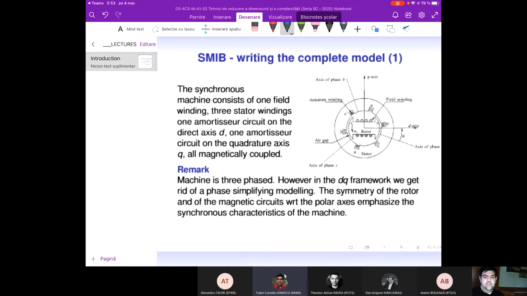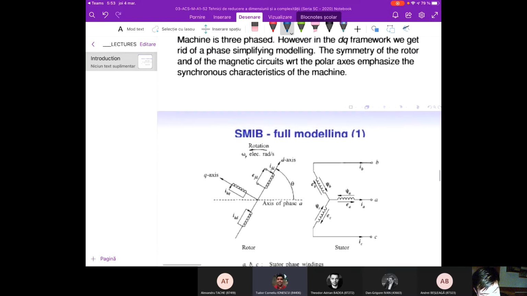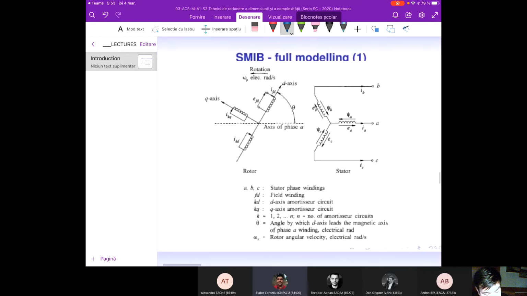Then the symmetry of the rotor and the magnetic circuits with respect to these DQ axes shows us the synchronous characteristics of this machine. We do not get too much into the details of the physics of this machine, but we are interested in the equations. This is how the schema of the model is presented.